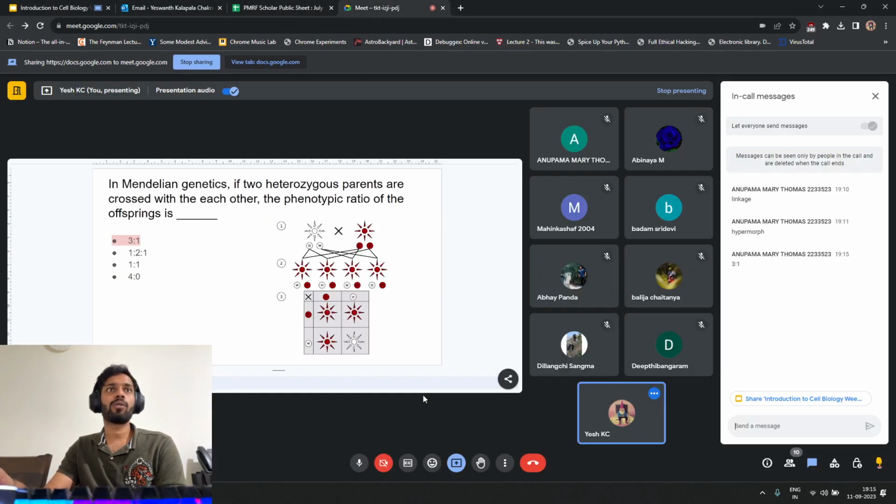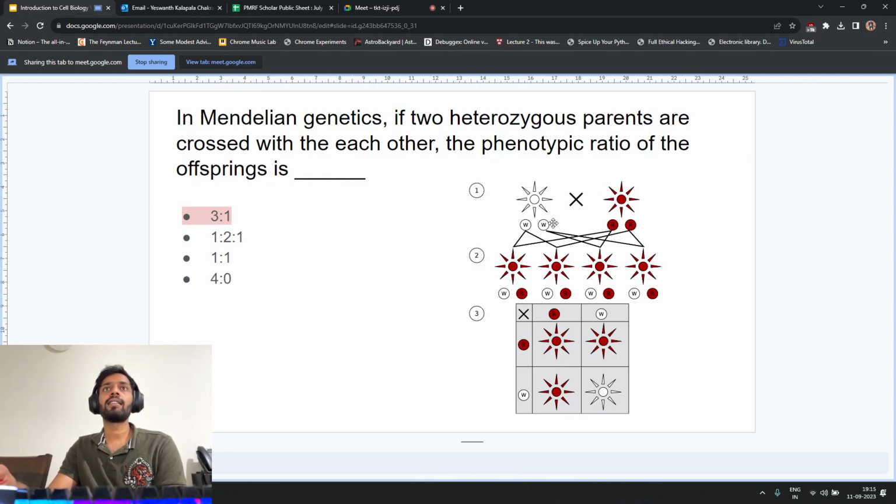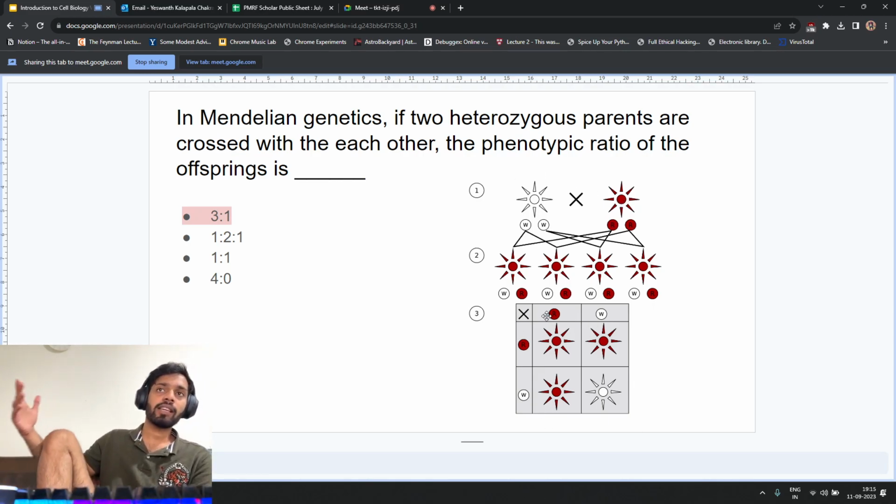Essentially, let's just consider some allele that codes for the color of a seed. There are two different varieties, white and red, right? So if you cross, in this case these are homozygous parents, but even if you have heterozygous parents, if you cross, the phenotypic ratio will always be equal to 3 is to 1.